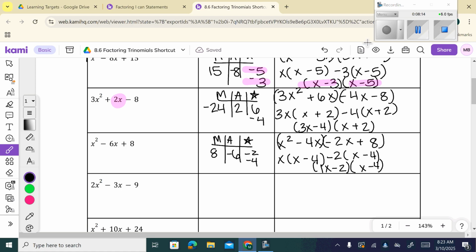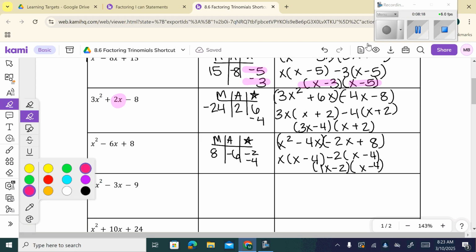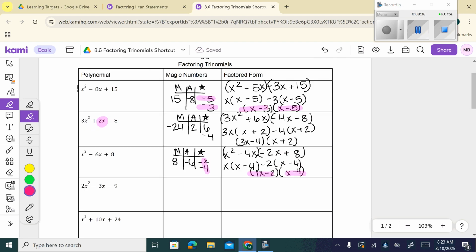Alright, so look. What do you notice about these answers and your magic numbers? Okay, do y'all see how these match? Alright, so what do number 1 and number 3 have in common, where my magic numbers match my answer, that number 2 is different? They start with the x, they finish with an x.